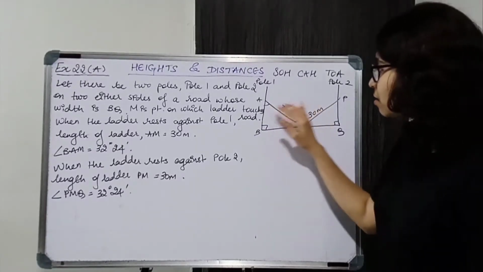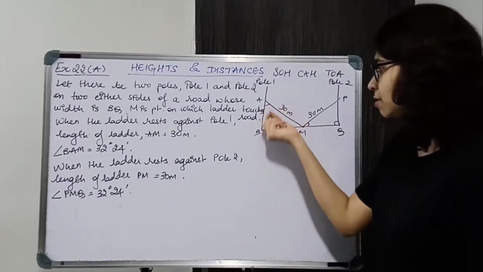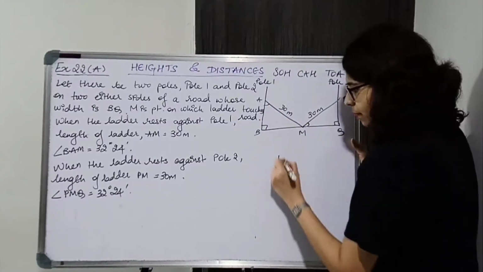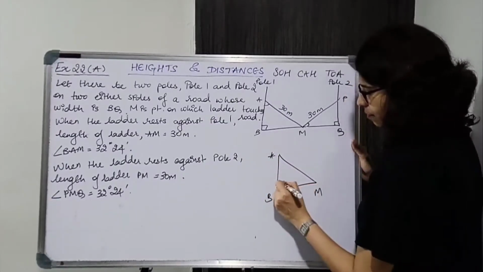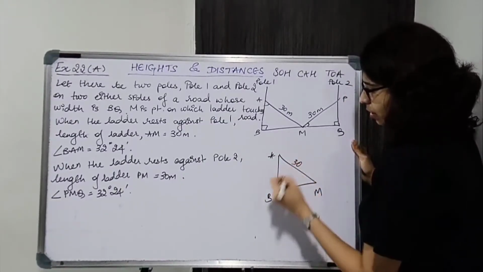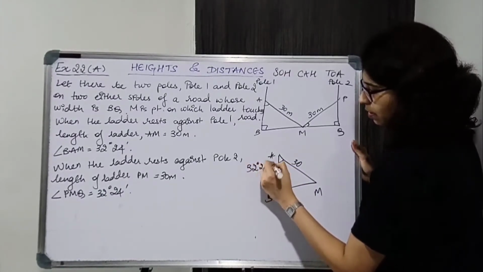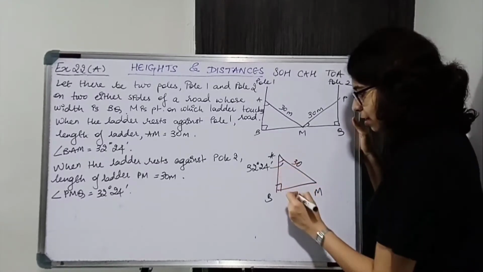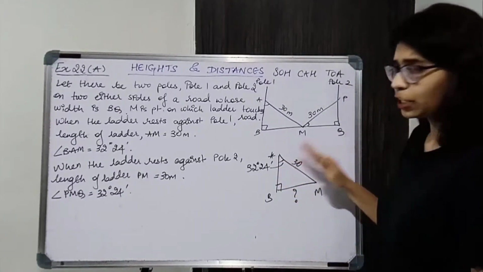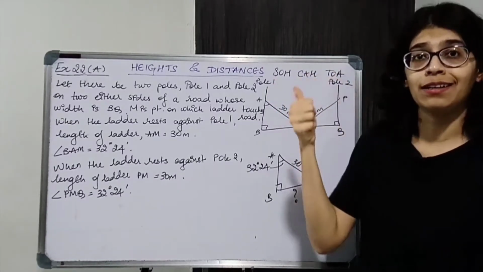First we'll consider this, we need to find BM and MQ, okay. So first for BM we'll consider this triangle ABM. This is 30, this is 32 degrees 24 minutes. Now we need to find BM, angle का opposite side find करना है. Hypotenuse दिया है, opposite and hypotenuse come in so that is sine, okay.